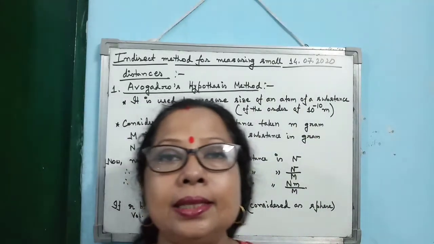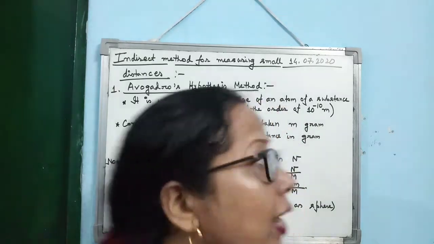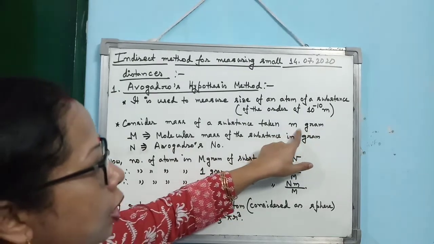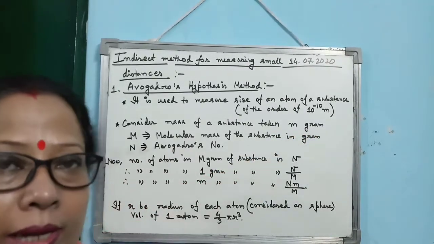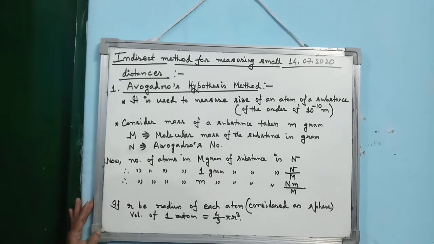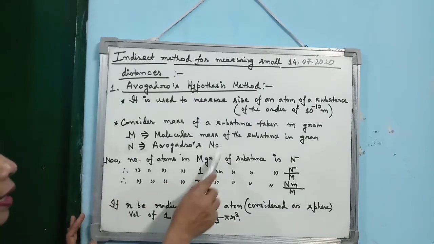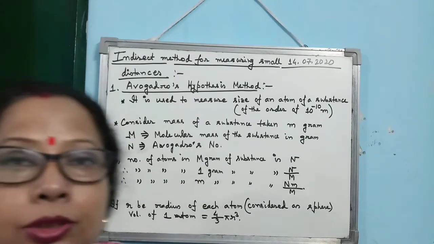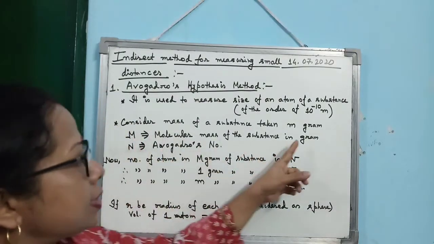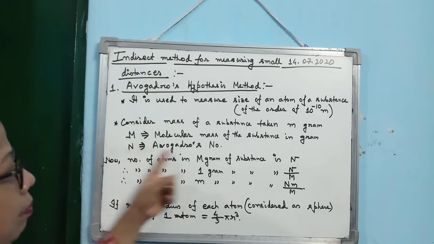So in this method, suppose we have taken small m gram of substance, and we assume that capital M is the molecular mass of the substance in gram and N is the Avogadro number. According to the Avogadro hypothesis, if the molecular weight is M gram, then M gram of substance contains N number of atoms.